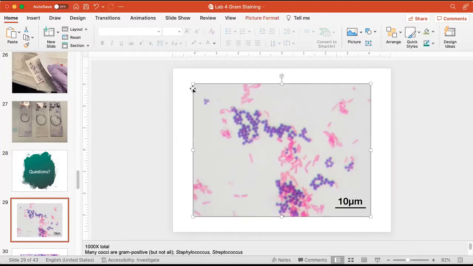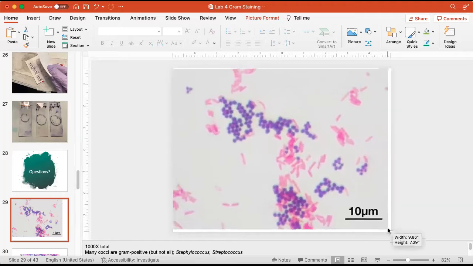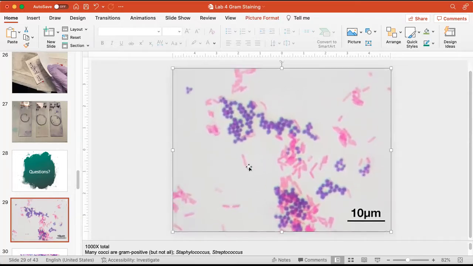Now, what do you think about the shape of the purple cells versus the shape of the pink cells? And no, it's not you. This particular slide, this image is a little fuzzy. So if it looks fuzzy to you, it's not your eyes, it's the slide. We need a shape for the purple cells, and we need a shape for the pink cells. Type it into chat.